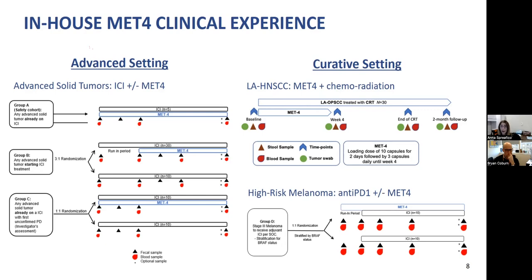So those are the high-risk patients who undergo adjuvant immunotherapy. And these patients, as part of the trial, were exposed to either immunotherapy alone or in combination with MET4. So we have quite a lot of experience in using this agent. And then I'm going to turn it over to Bryan, who will present the rest of our data.